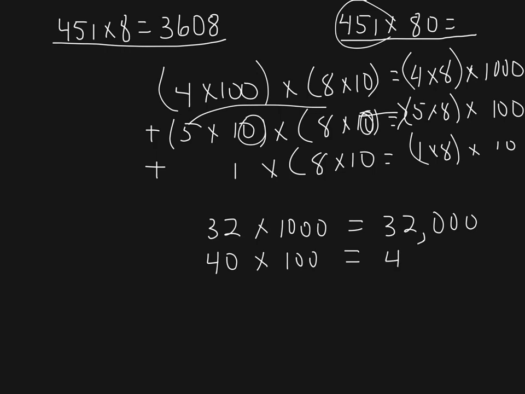And that will be 4,000. And then the last bit, 1 times 8 times 10, is going to be 8 times 10. And that will equal, whoops, not 8, but 80. Let me get that in the right place, 80.